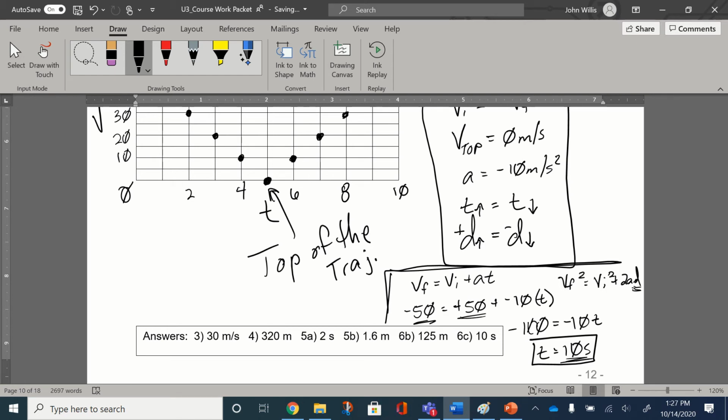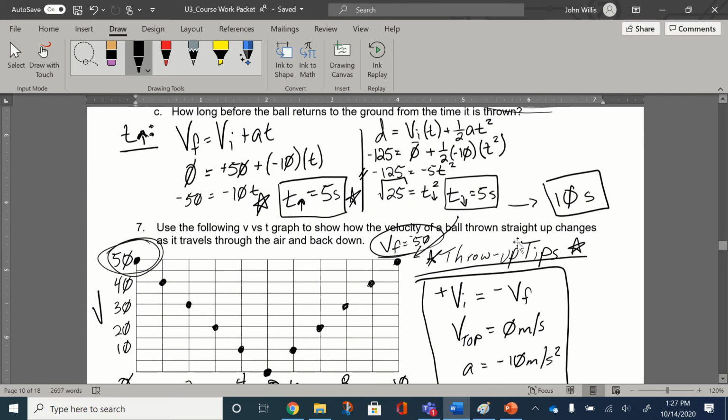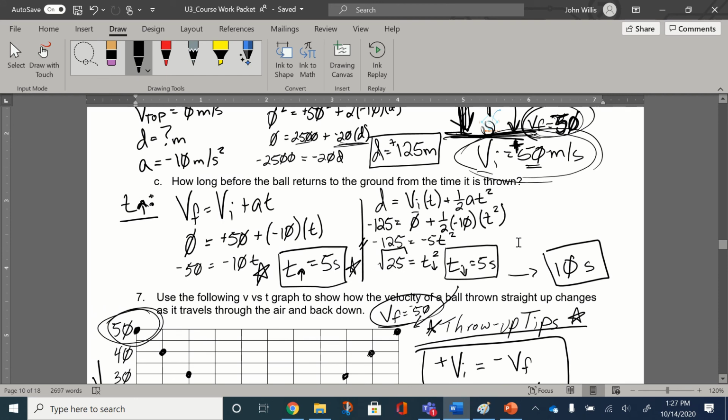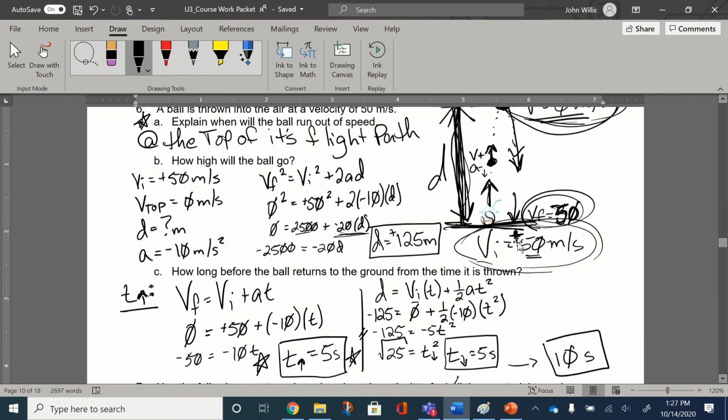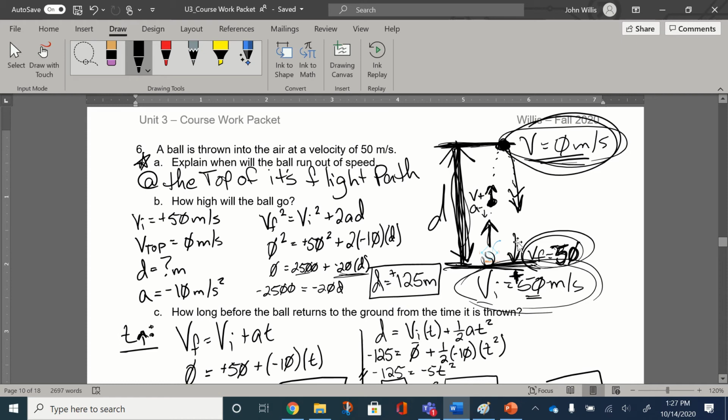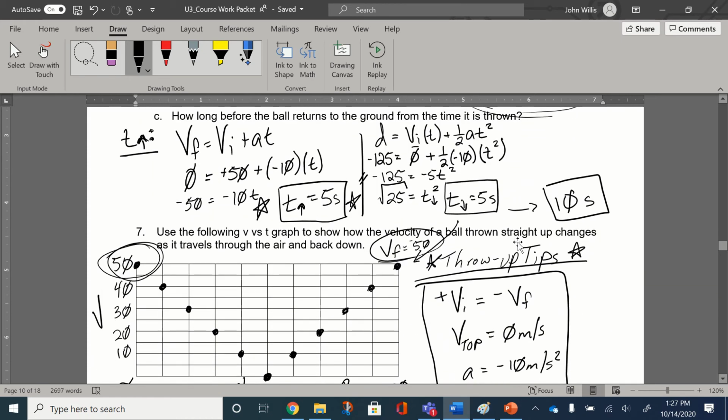Well, it went up 125, down 125, so you do have a total distance of 250. So, take your total distance, divide by 2. There are multiple ways that you could solve any of these problems. That can sometimes, I understand, be completely overwhelming. But that was your set of notes that I wanted you guys to have available to you for this particular homework assignment.